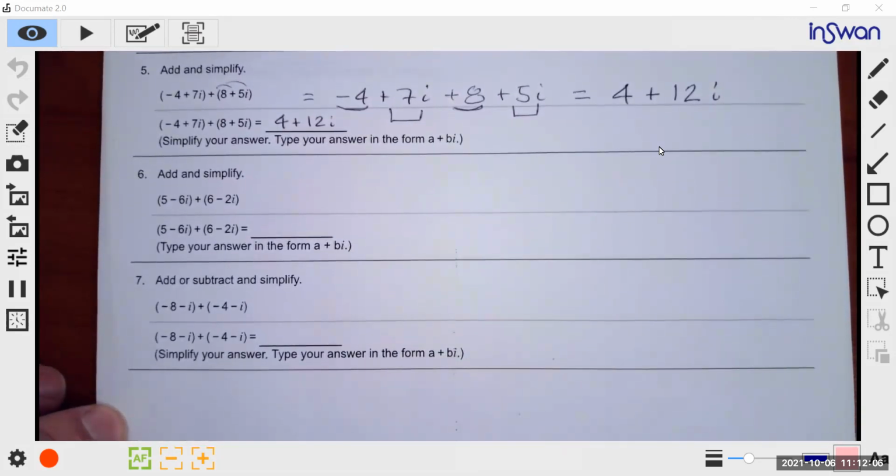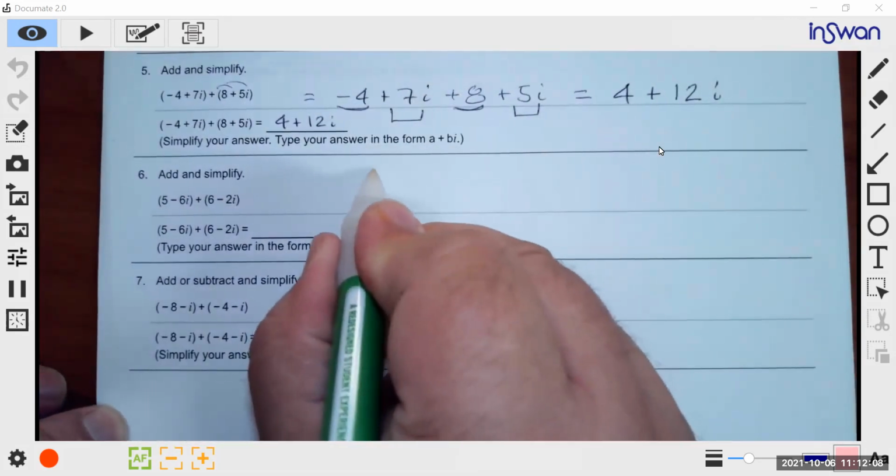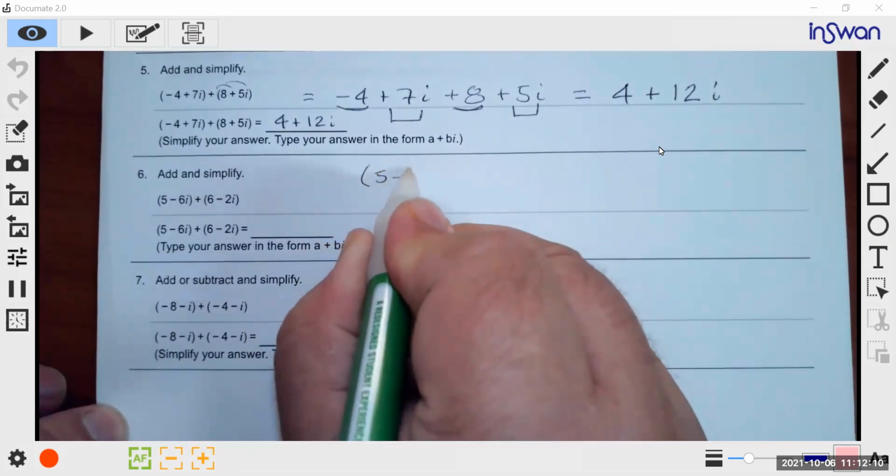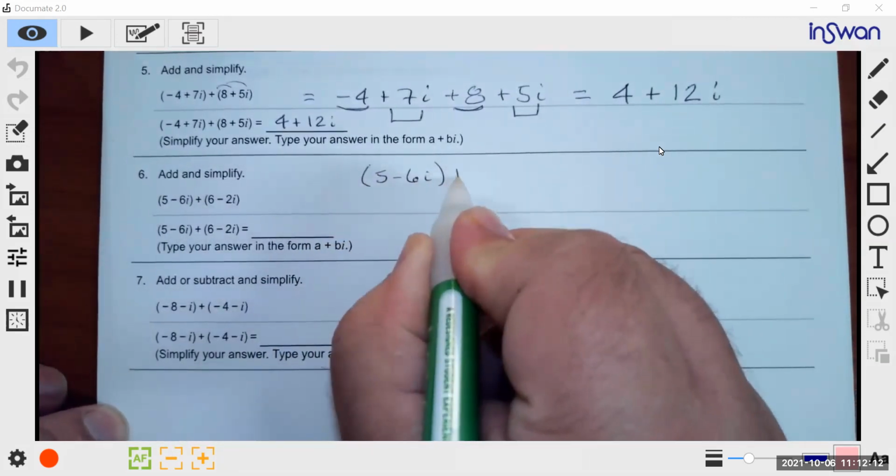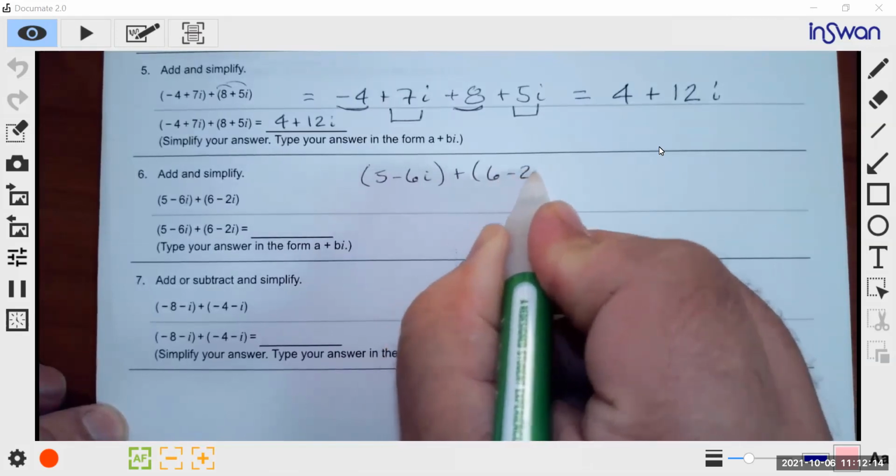Number 6, we have 5 minus 6i plus 6 minus 2i.